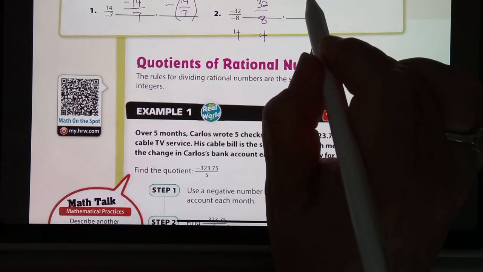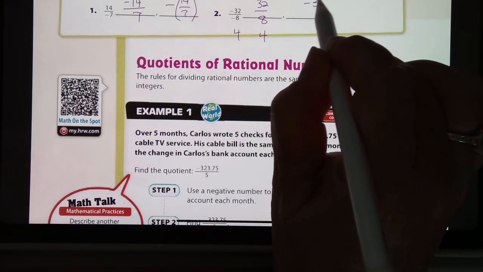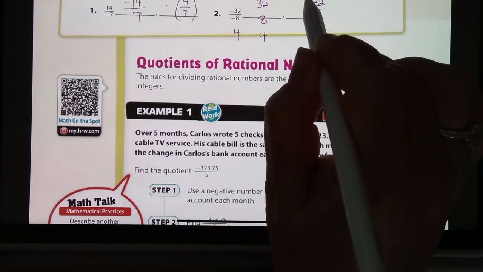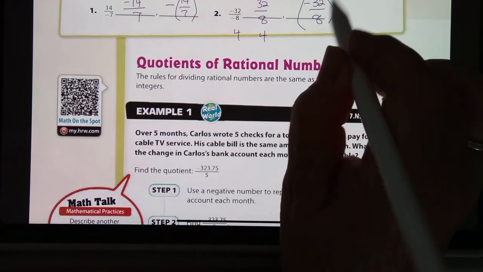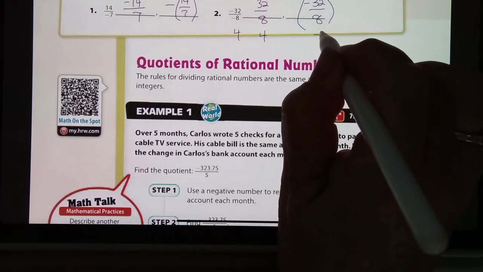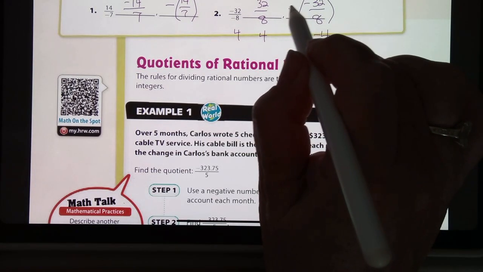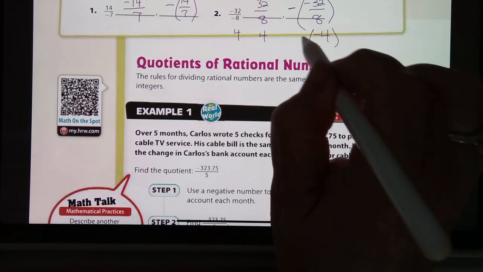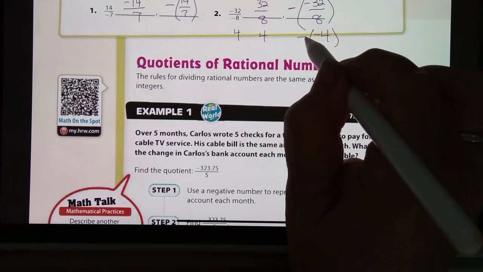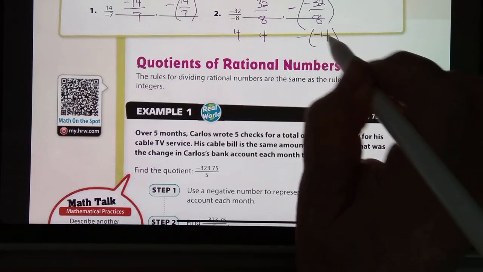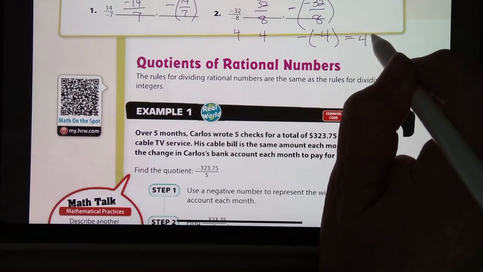And if I did that, it is going to give me negative 4. And then if I put a negative on the outside, negative times negative 4 is going to be positive 4.